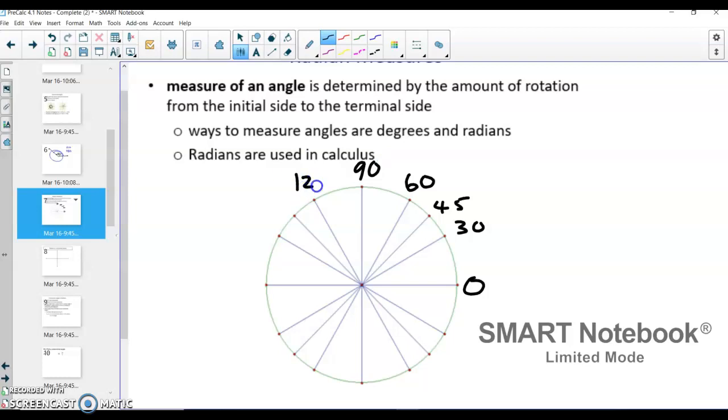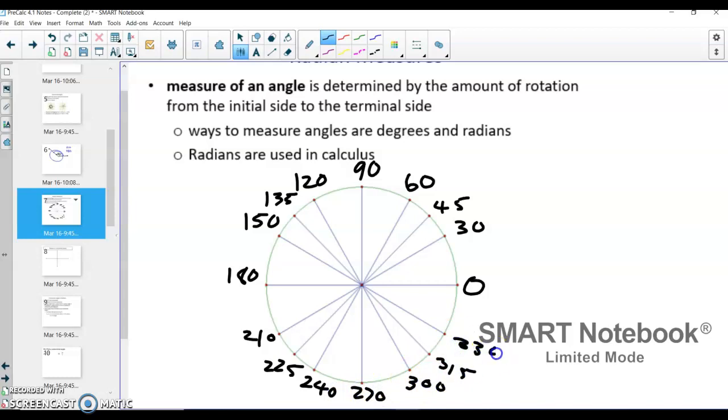Then we have another 30, so that's 120, 135 in our 15s here, 150, 180, 210, 225, 240, 270, 300, 315, 330, and then back to 360. And that's our unit circle.